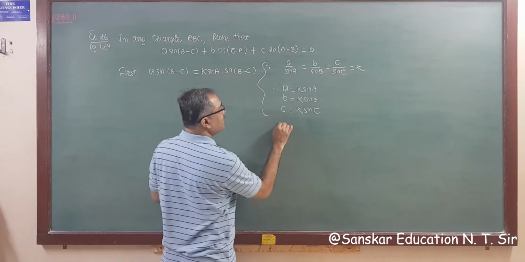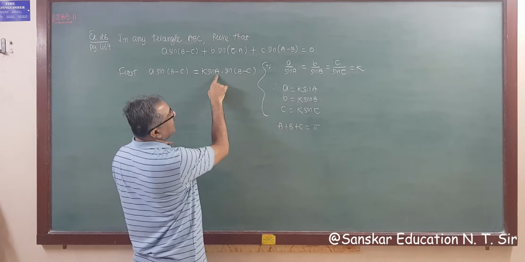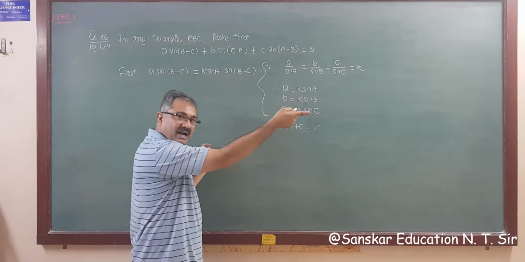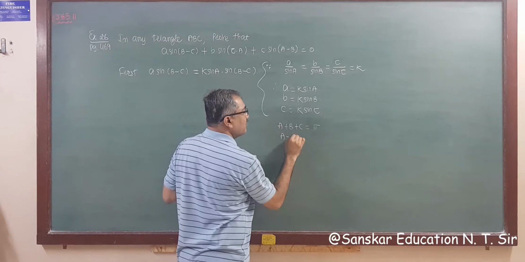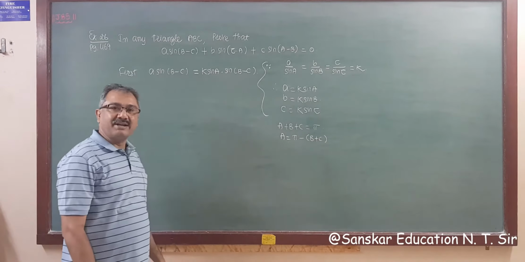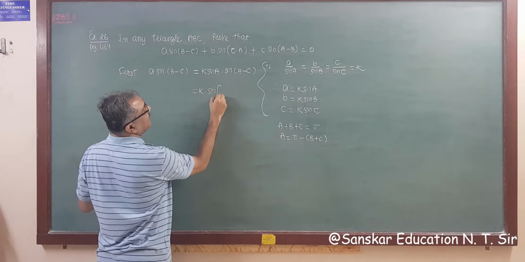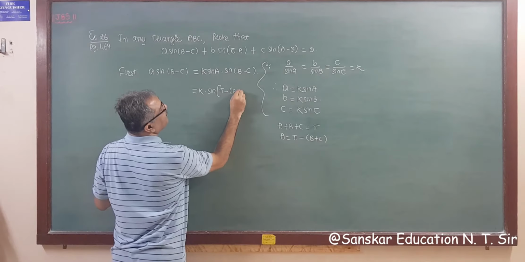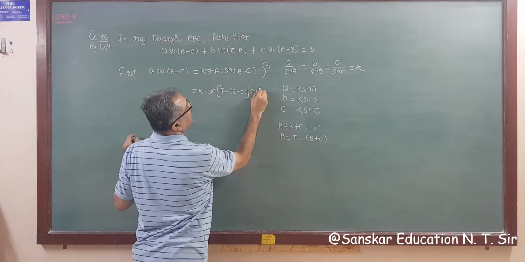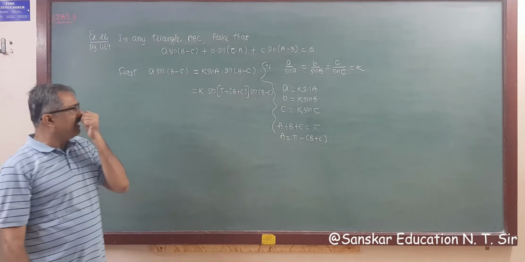So A is pi minus (B plus C). Writing this value, K sin(pi minus (B plus C)), and sin(B minus C) as it is.